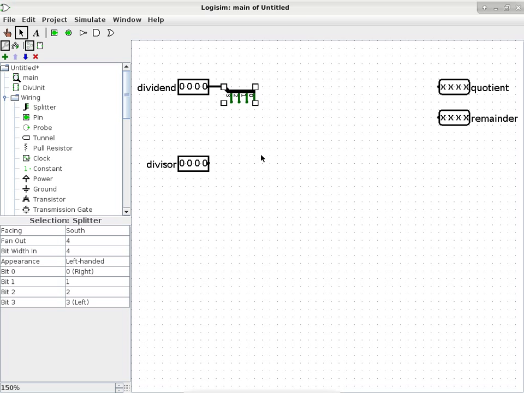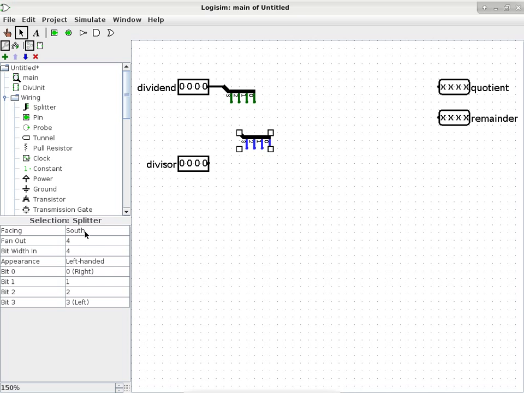And if you remember how we did the division by hand, what we did was we take the most significant bit of the dividend, we pad 3 zeros to its left-hand side and say, okay, check this out. How many of the divisor do we have in that number? That's the first thing we did. So we'll do exactly that. We'll use another splitter, but this time it's actually more of a merger than a splitter.